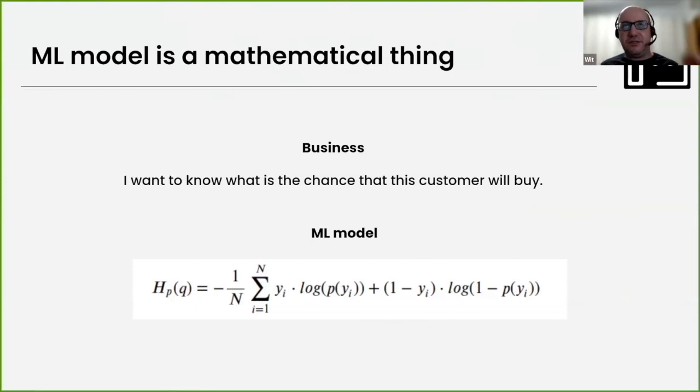So business thinks of business performance measures, business success measures, business goals. But when you build a model, you go down to very, very formal formulas, and you have to monitor both sides.